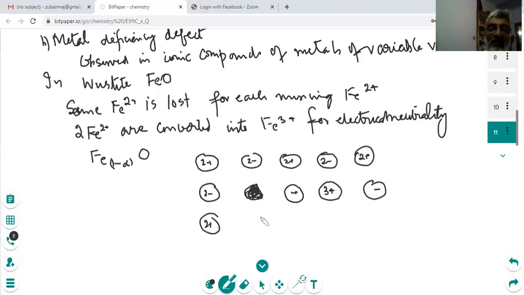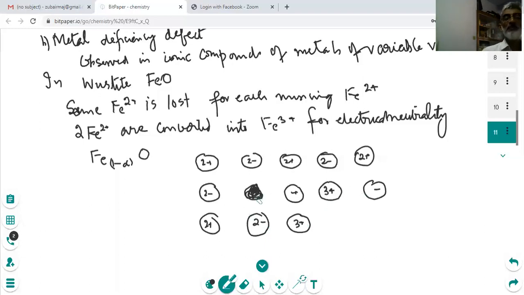And here you have an O2-. And here again Fe3+.